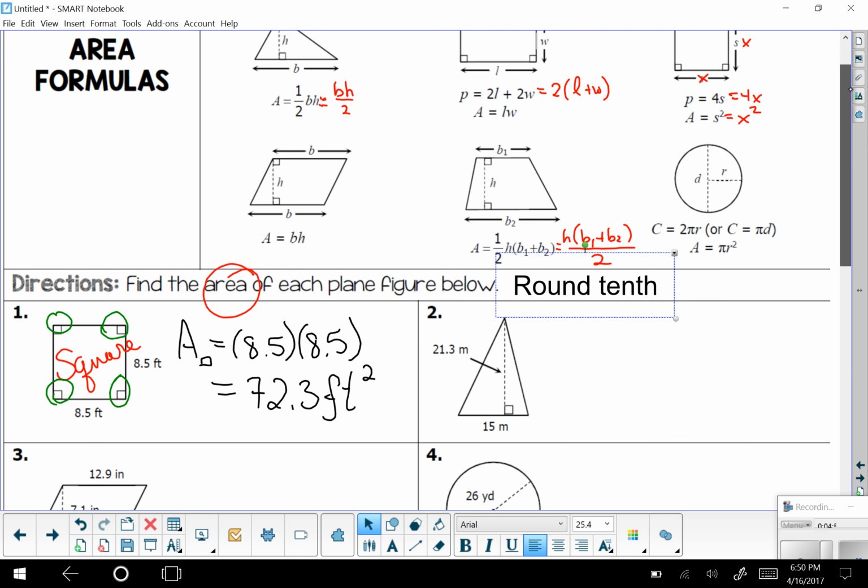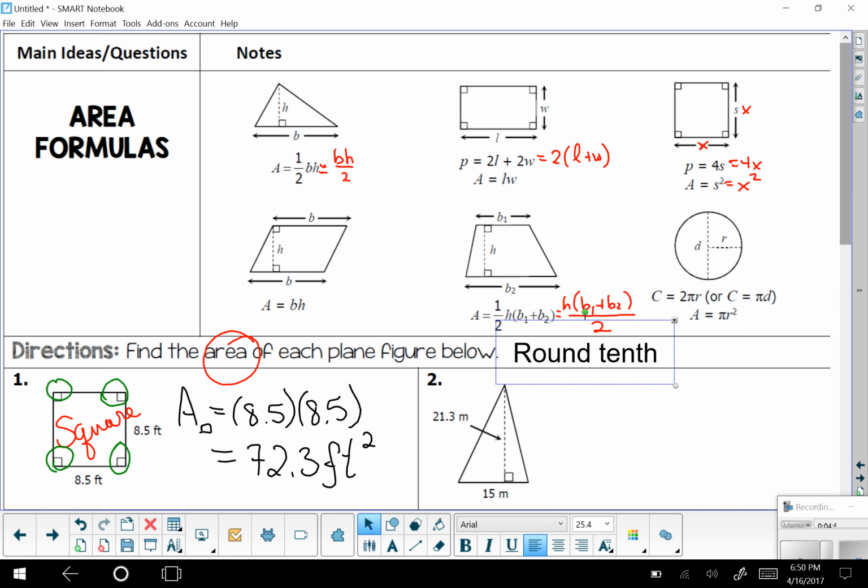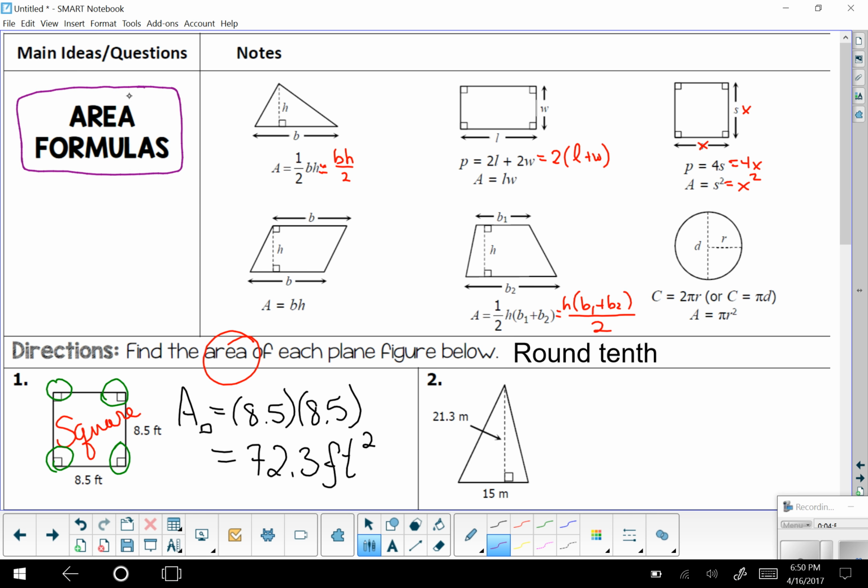So let's go back up here. Because we're doing area, we're always going to do units squared. Always units squared.